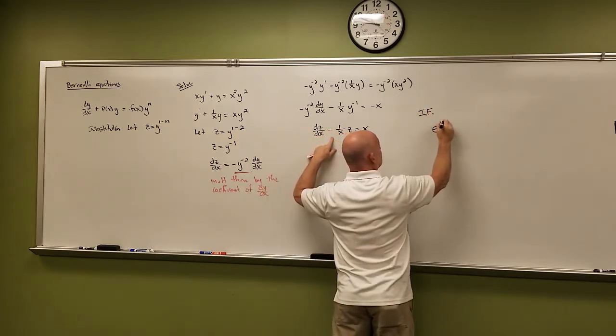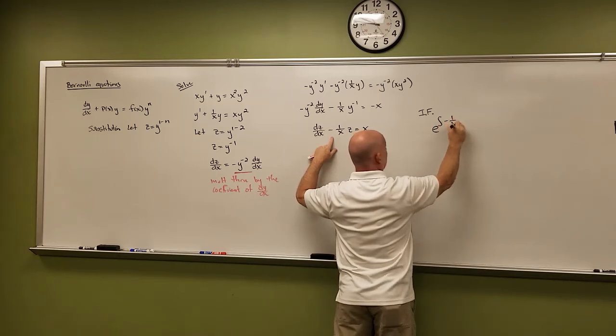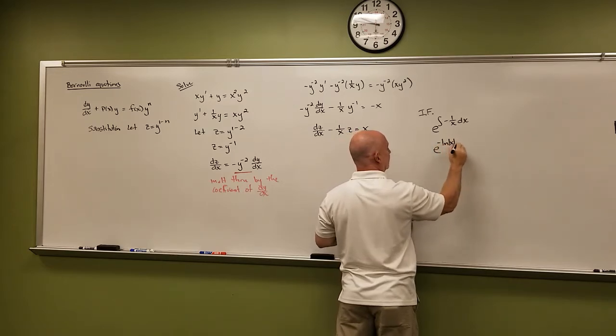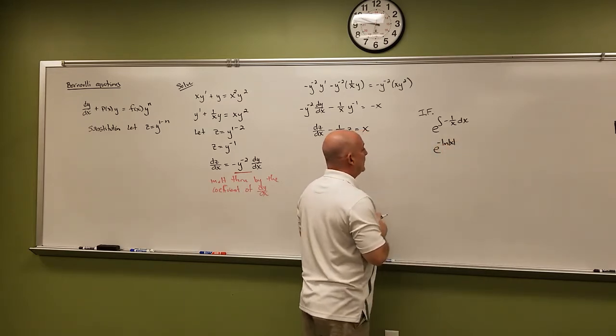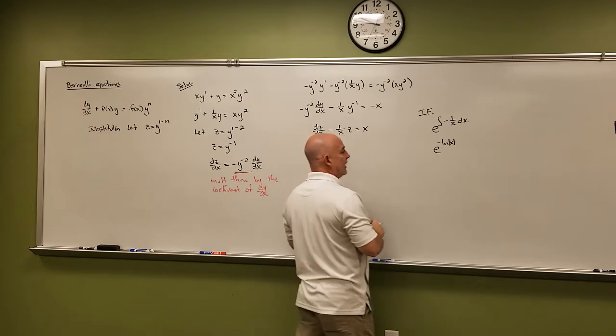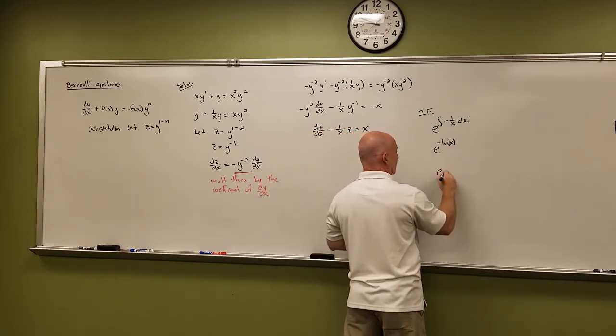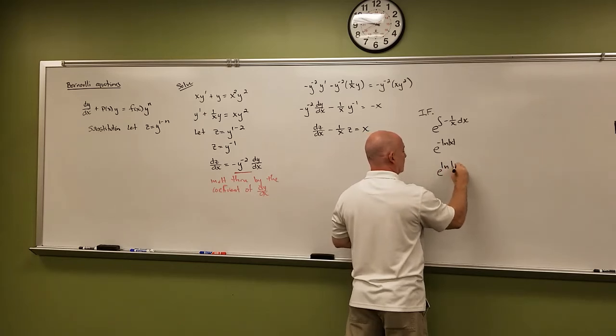is e to the integral of negative 1 over x dx, which is e to the negative natural log of the absolute value of x. I want to get rid of that absolute value here in a second, because we're going to be able to put that up. I'm going to write that real quick as x to the negative 1.